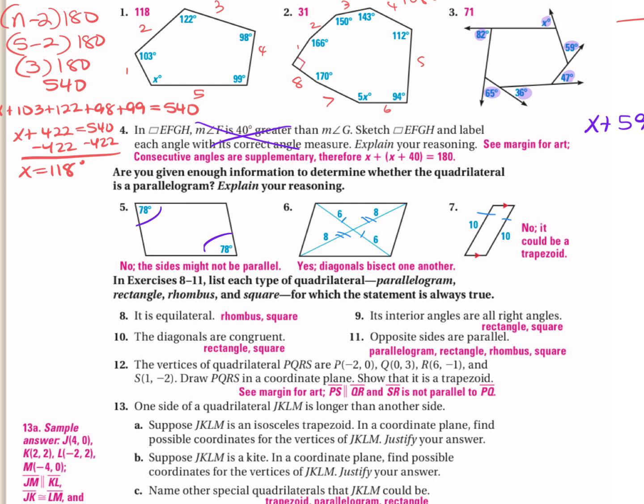Now, if the parallel marks would have been on the sides that were congruent, then I could say that this is a parallelogram. But the way it's pictured, it is not a parallelogram. It could be a trapezoid because trapezoids have exactly one pair of parallel sides. So this is not enough information. If the parallel marks were here, then it would have been enough information.